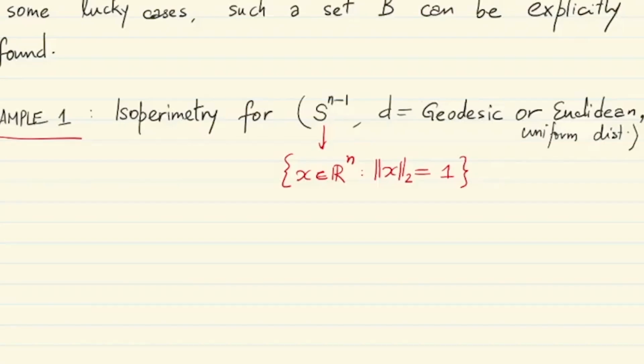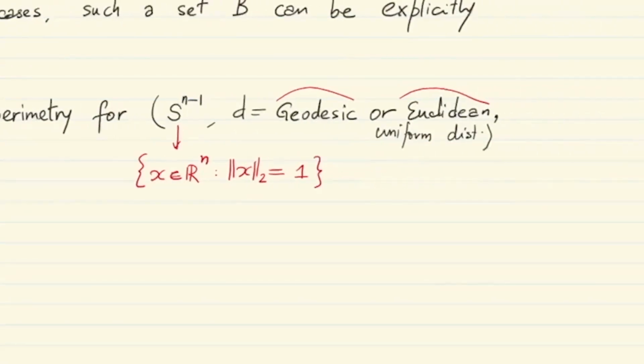So one can have two different metrics which both work for this example. You can have what is called geodesic distance between 2 points on the surface. So roughly speaking, in 3 dimensions, if this is the ball, then if you want to measure the distance between 2 points on the surface of the unit ball, you find the equator that connects them. So if this is the segment of the equator that connects them on the surface of the unit sphere, then the length of that segment is their geodesic distance.